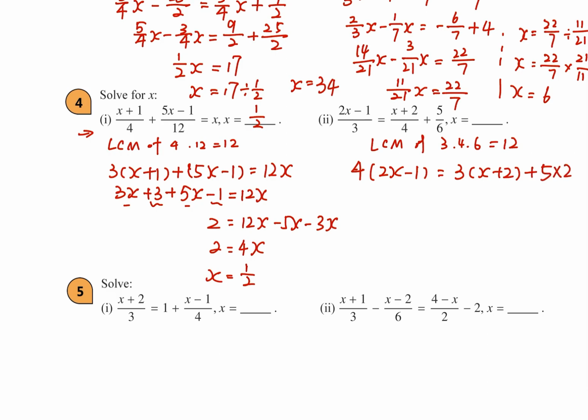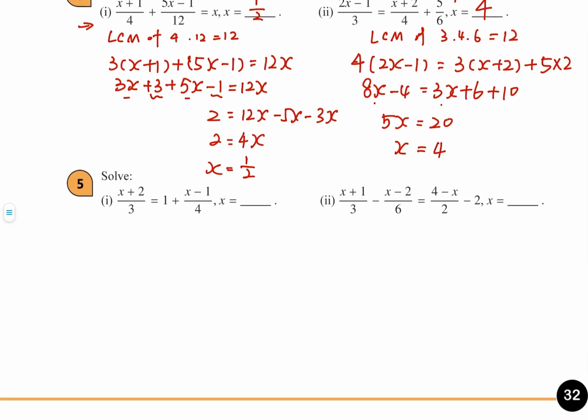If we break down the brackets, we would have 8x minus 4 is equal to 3x plus 6 plus 10. If we move the x to one side and move the numbers to the other side, we would have 5x on one side and then 20 on the other side. Therefore, x is just 4.